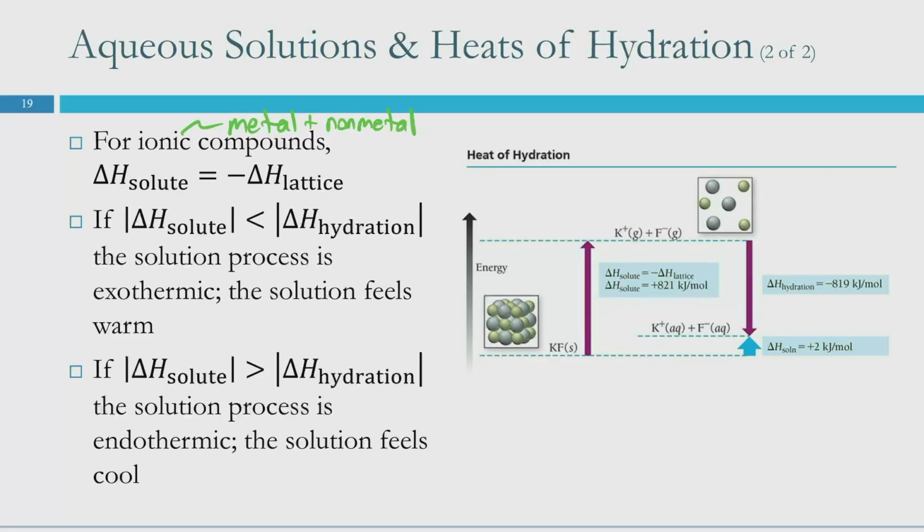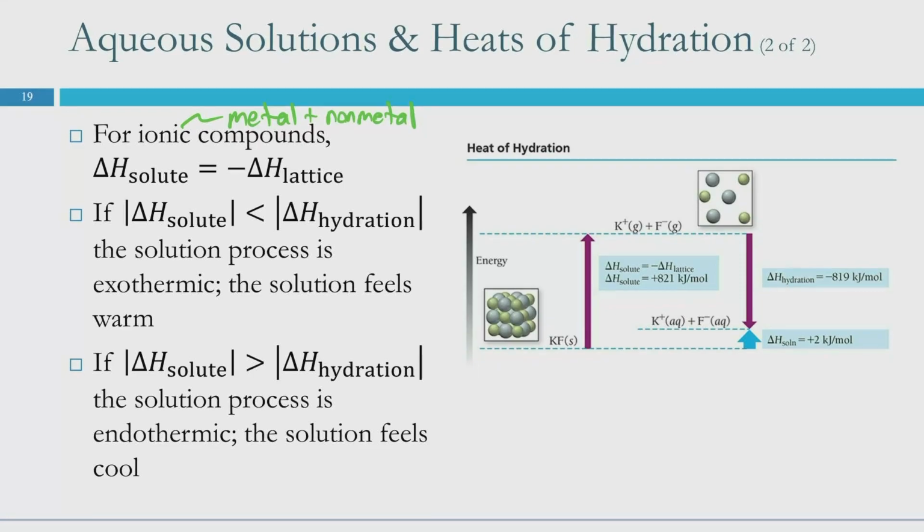So for things that have metals and nonmetals, things that form ions, ionic compounds, the enthalpy of our solute is equal to the opposite of our lattice energy. The lattice energy is something that was talked about in 1A.